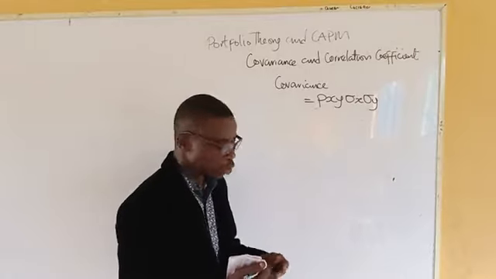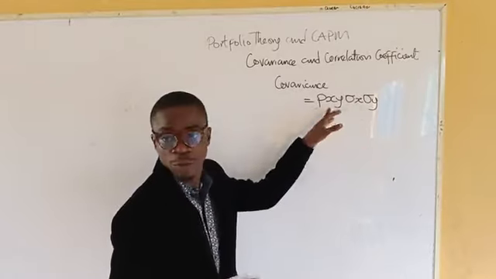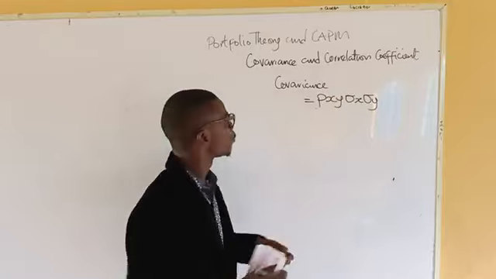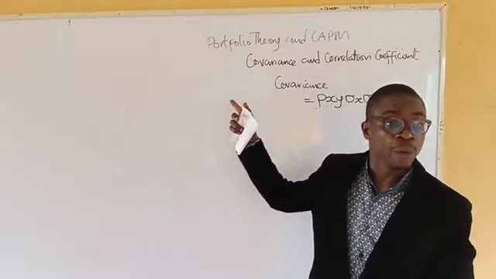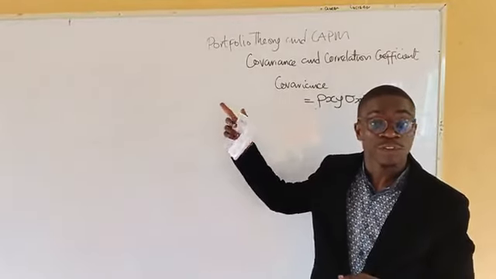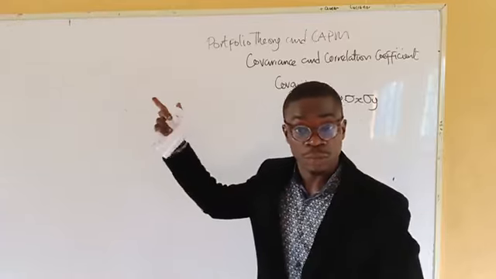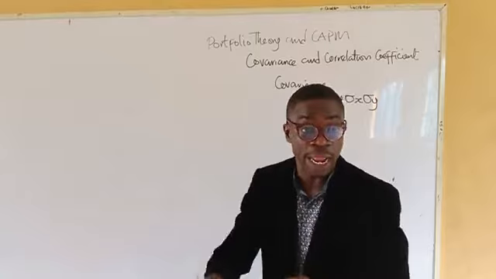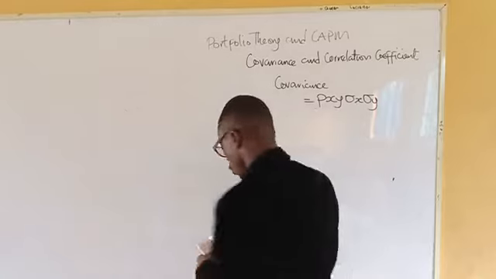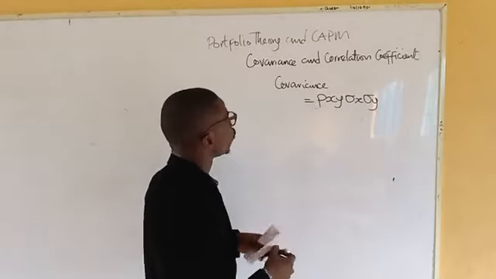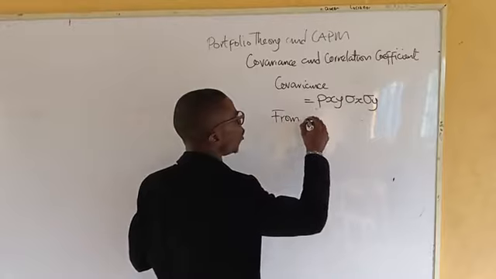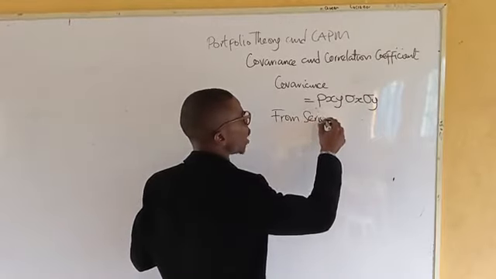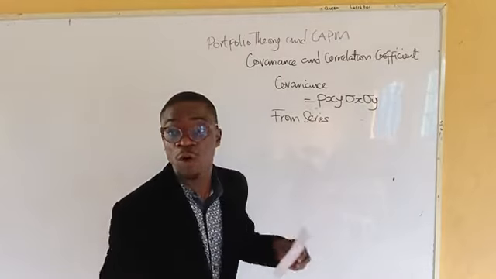If you are given all these variables, this one is applicable. If you are given a series of data, like when we are calculating our rates, that is data given to analyze so that you can get your covariance. You can call it a series or set of data.